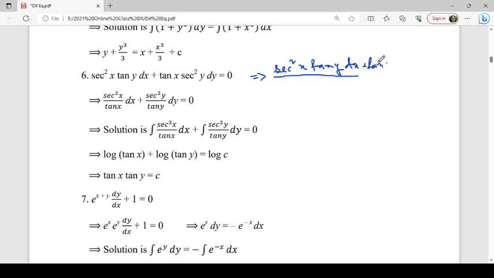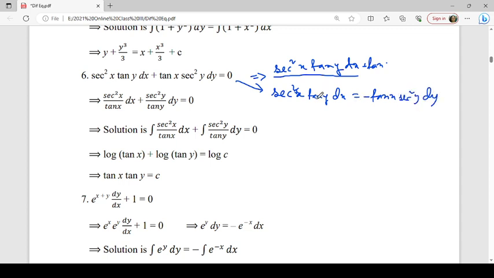Or what you can write, if we take this to the right hand side, sec square x tan y dx is equal to minus tan x sec square y dy.